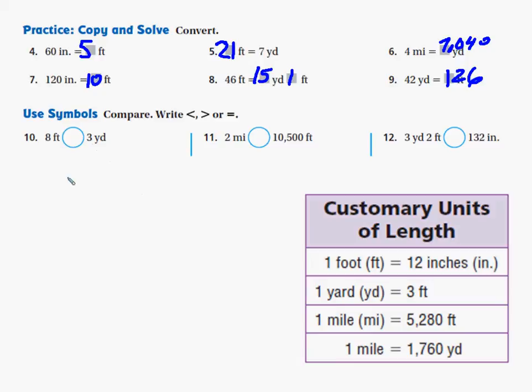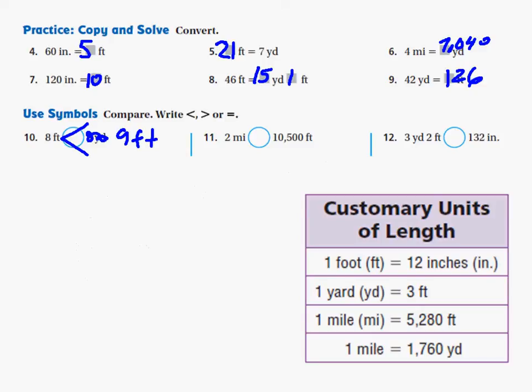So I'm going to take 3 yards and change it to feet. So yards to feet, that's big to small. That's multiplication. And how many feet are in a yard? That's 3, and I get 9. So this can be expressed as 9 feet. Now they're both feet. 8 feet and 9 feet. Well, obviously 9 feet is bigger, so that is a less than symbol.